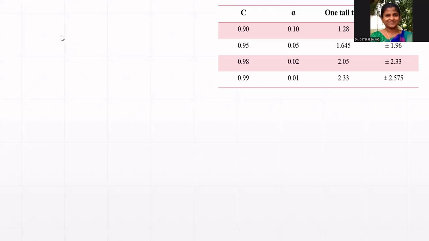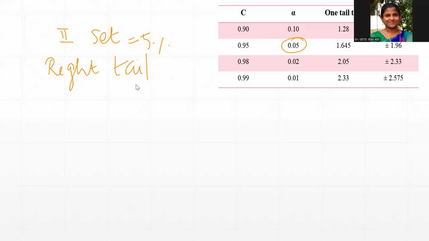It is given in the question that it is 5%. So we are considering the right tail. If the level of significance is 5% and I go for the right tail test, one tail test, the value is 1.645.